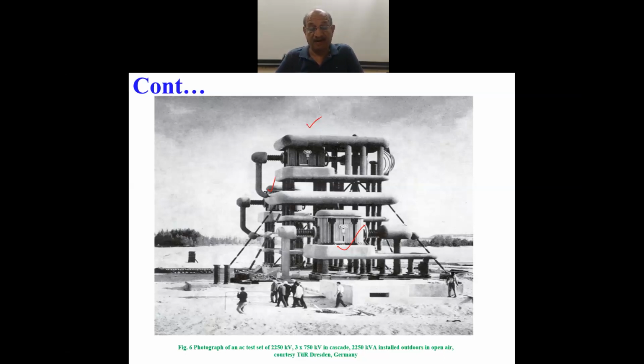As you go up, the voltage is increasing. You would also appreciate that the dimension of the pipe connection also increases as you go up. The dimension of the connecting pipes increases because they are carrying more voltage.